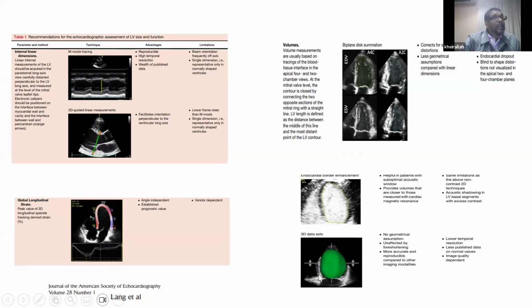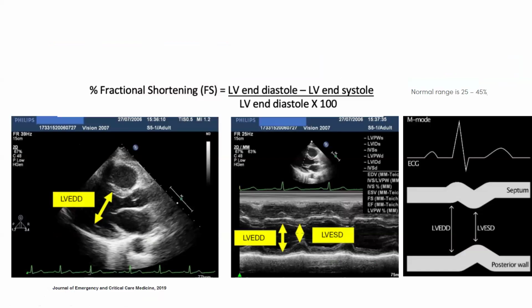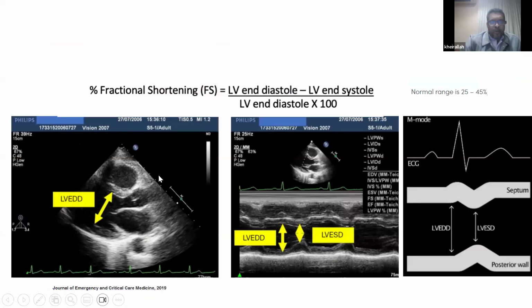There is 3D software for evaluation of LV function, and there is also strain. Now let's start one by one, and I want you to pay attention and stop me at any point where you need further elaboration.